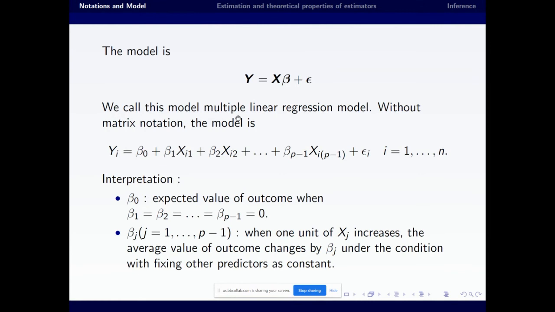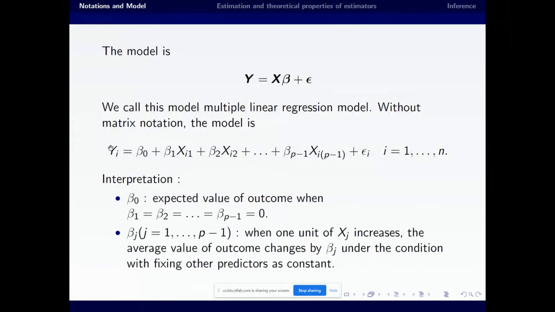Then we call this model the multiple linear regression model. Without matrix notation, the model is yi equals beta 0 plus beta 1 xi1 plus beta 2 xi2 up to beta p minus 1 times xi p minus 1, plus epsilon i. This is what you may have seen in undergraduate statistics courses for multiple linear regression.